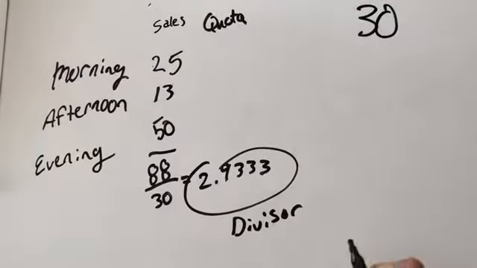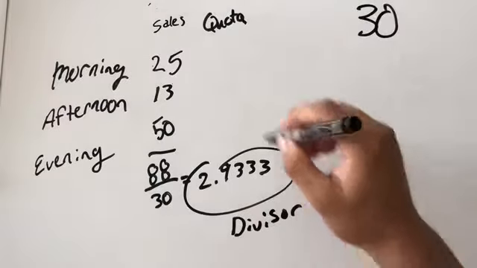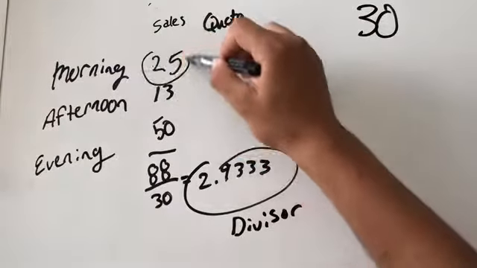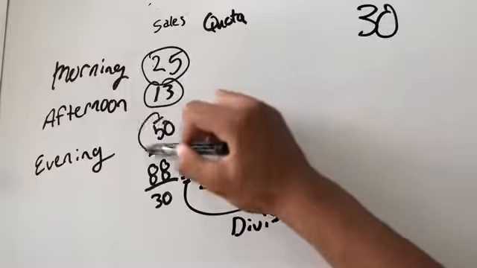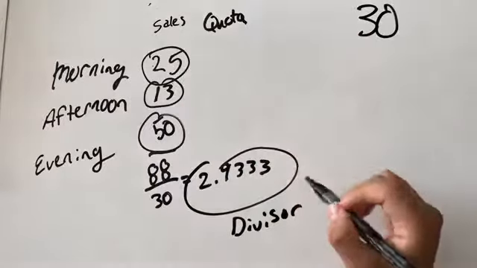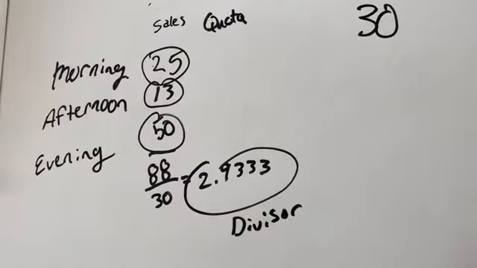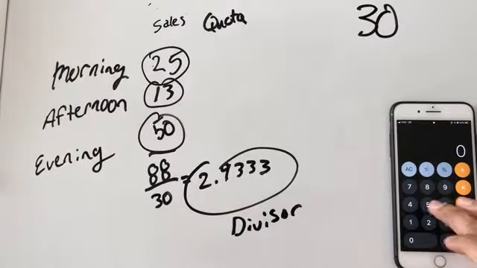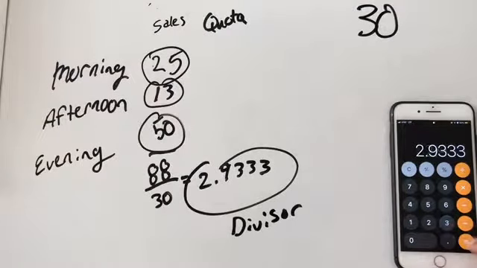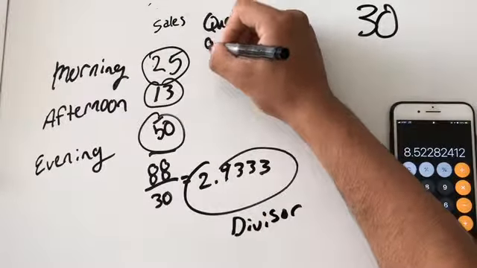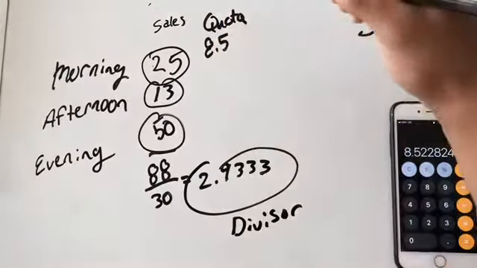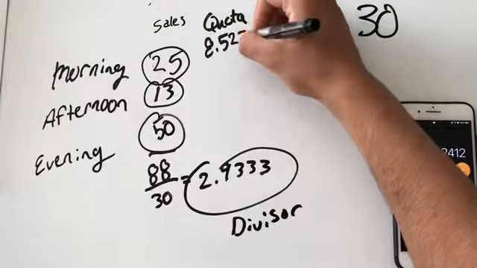Now we use a divisor to divide with the numbers we have here, which would give us our quota. So for 25, we would use 25 divided by 2.9333, and we would get a quota of 8.522.